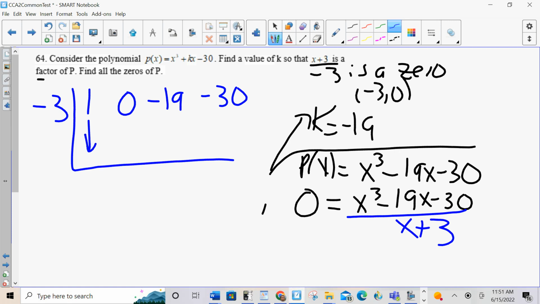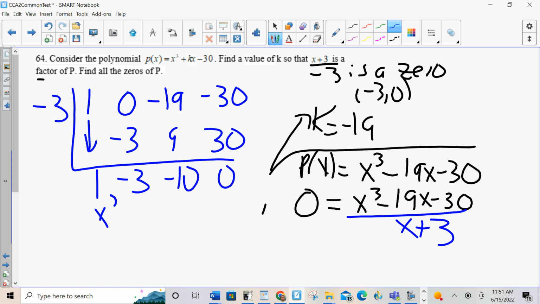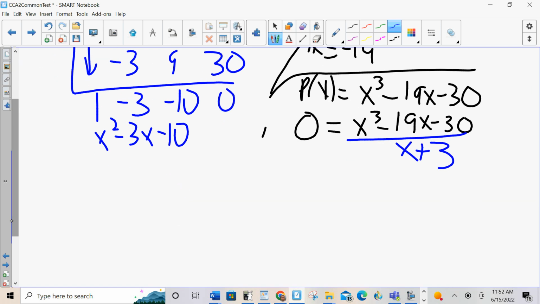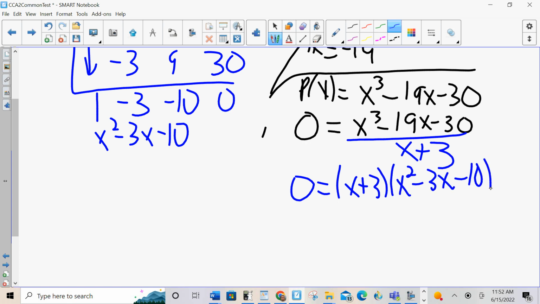First one comes down, multiply, add, multiply, add, multiply, add. It will always be the case, if it's a factor, that the remainder will be 0. So now I'm going to rewrite this as x plus 3 times x squared minus 3x minus 10. I can factor it further. It's a trinomial.